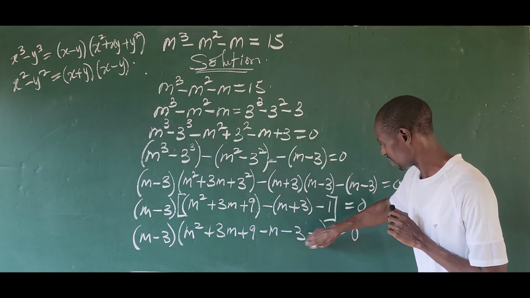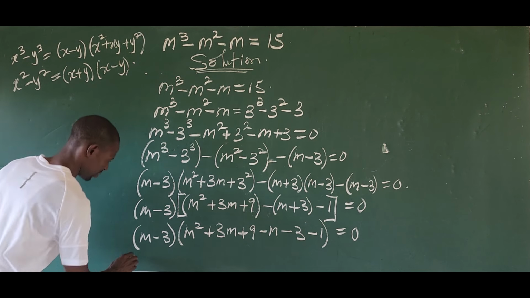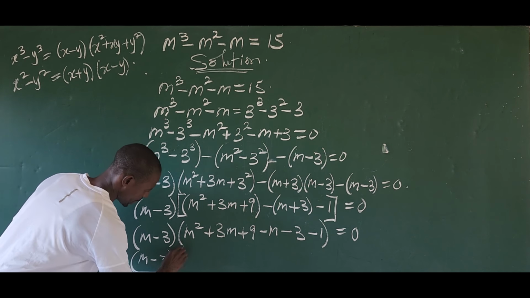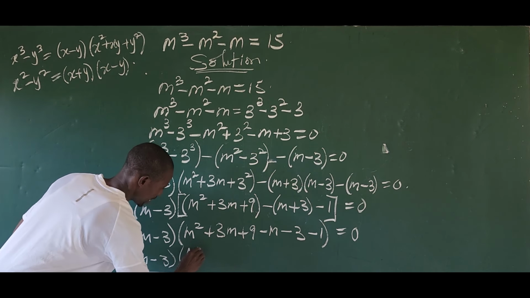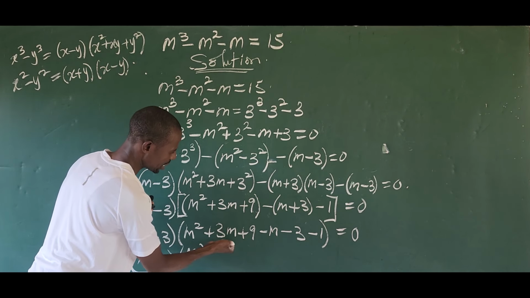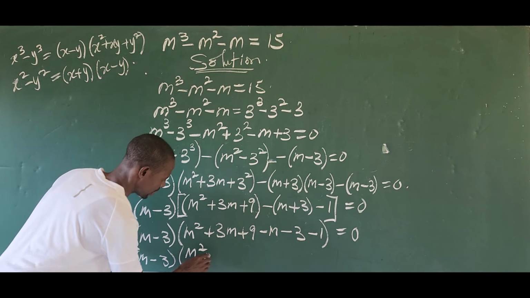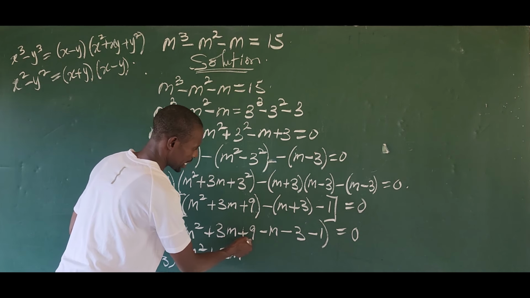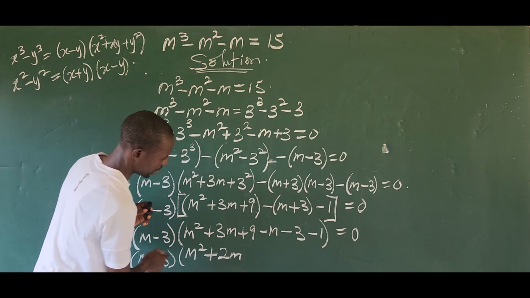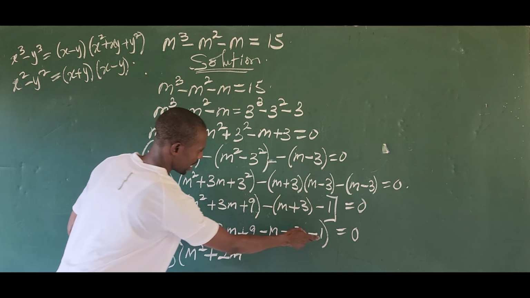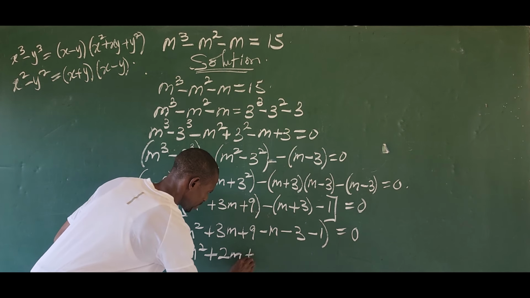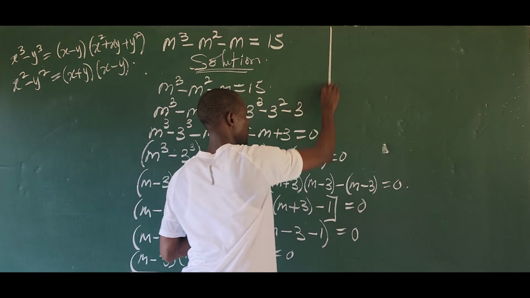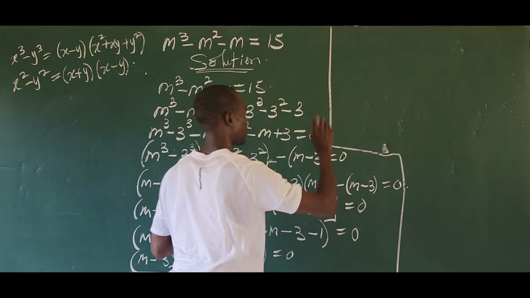If I add all this together, this is going to give us (m minus 3) bracket. Here we have just m to the power of 2. So we have plus 3m minus m will give us plus 2m. Then plus 9 minus 3 will give us plus 6, minus 1 will give us plus 5. So we have here plus 5. Everything equals to 0.